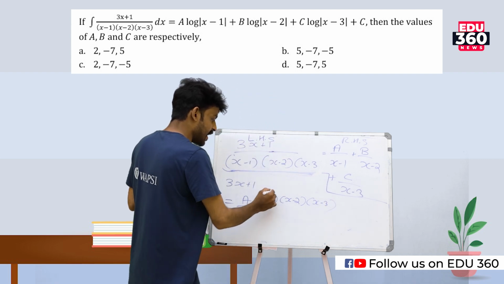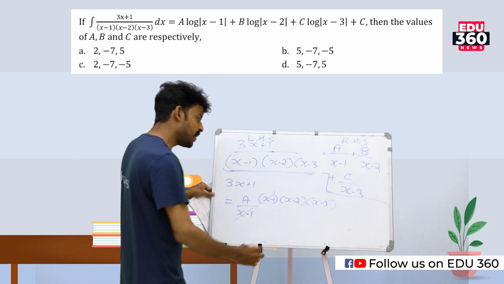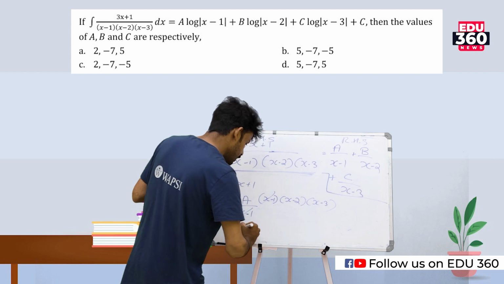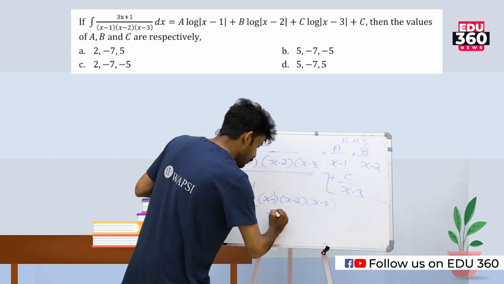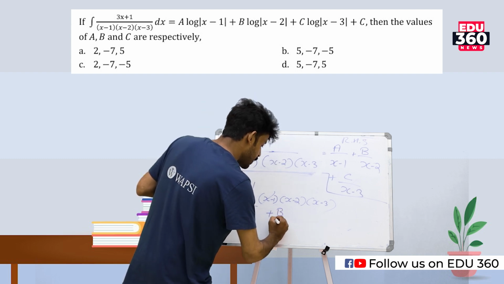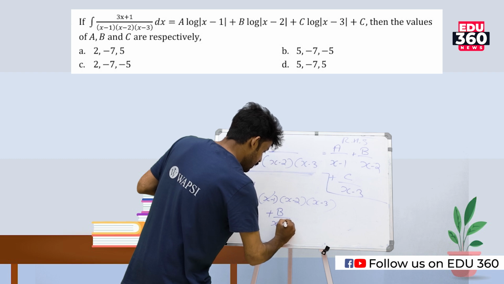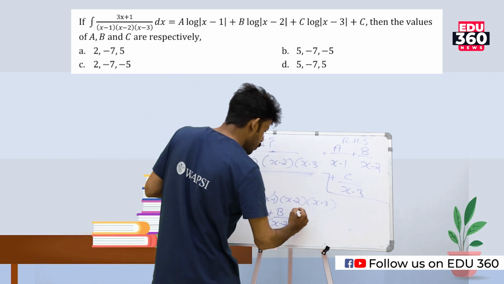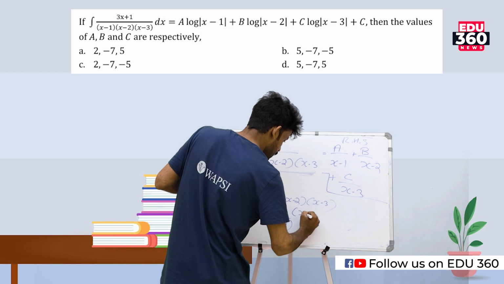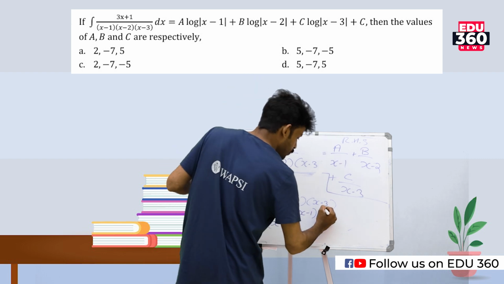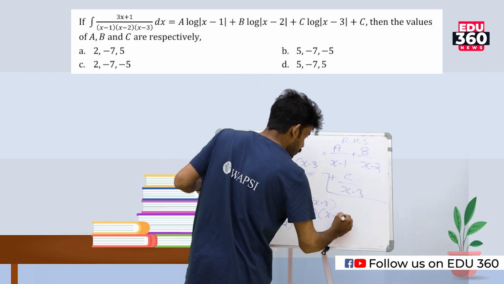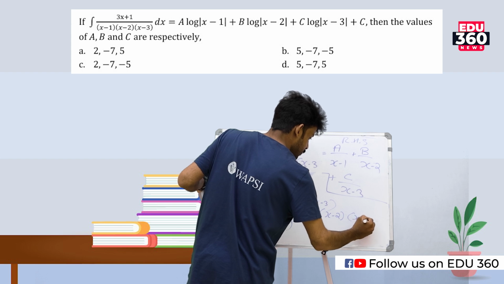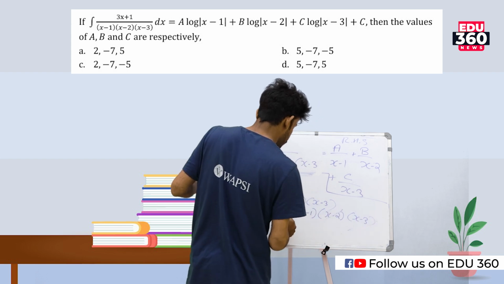Okay, so this will cancel. Plus b. So b by x minus 2, multiplying by x minus 1 into x minus 2 into x minus 3. So just cancel this.